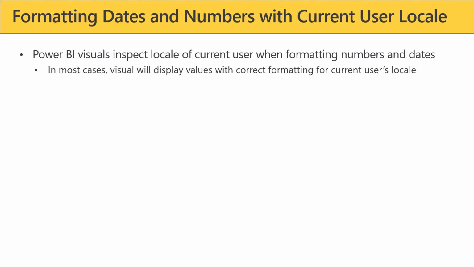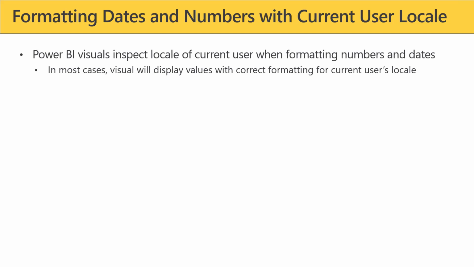Now, one thing you've already learned is that occasionally you're going to have to write a measure that looks at the user's language and conditionally returns a value based on their language. Well, do we have to do the same for the formatting of dates and numbers? And fortunately, the answer is no. In most cases, Power BI visuals just do the right thing.